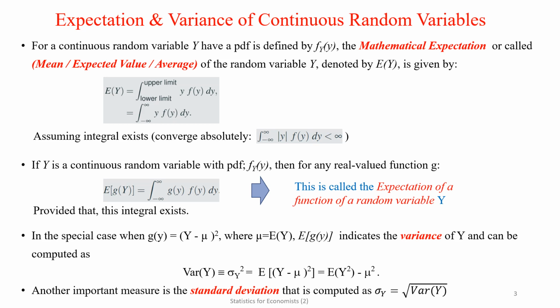For a continuous random variable Y, for example, with the PDF defined by small f of y, the mathematical expectation, which is defined to be the mean or the expected value or the average of this random variable, is denoted by E of capital Y. And it's defined to be the integration from the lower limit to the upper limit of y itself times f of y dy.